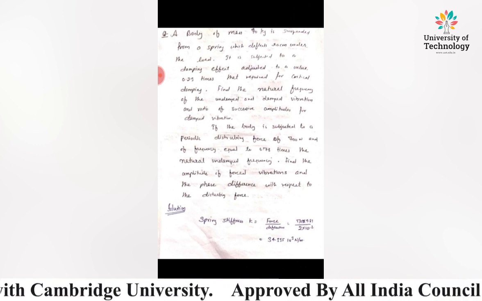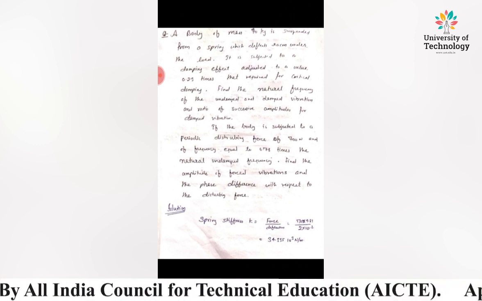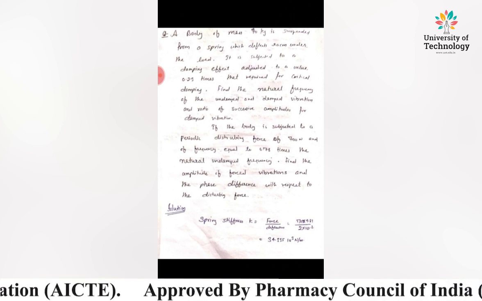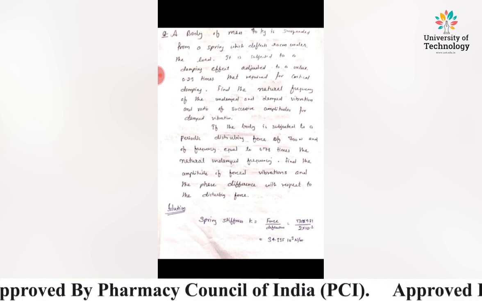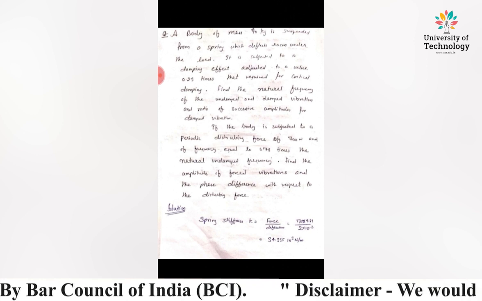To determine the natural frequency, we should have the value of omega n. For omega n, we should have k and m, because omega n is equal to root k by m.